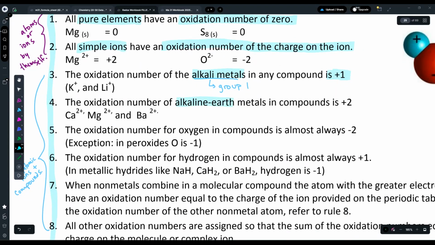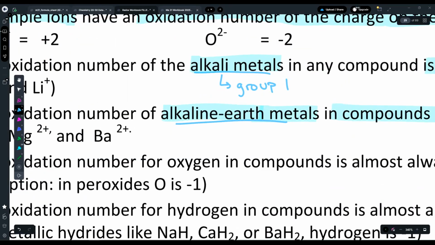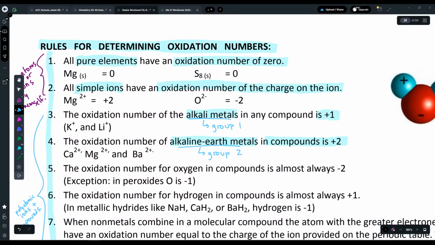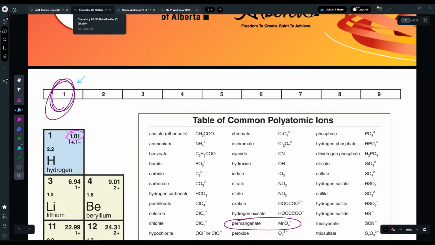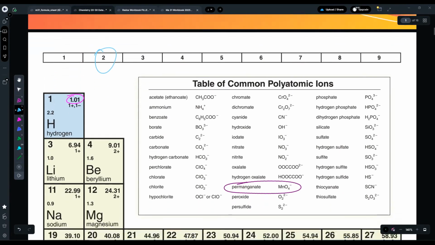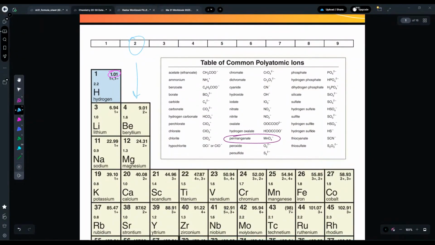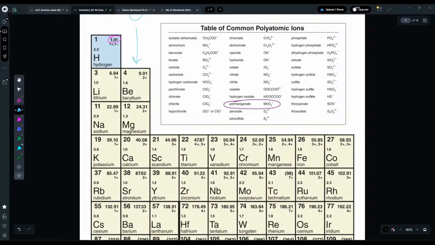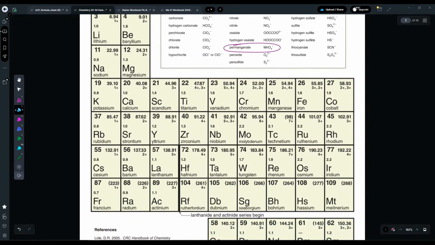Rule number 4, the oxidation number of alkaline earth metals is +2. Alkaline earth metals are your group 2 elements. If I look at my periodic table, group 2 is right here, so that's going to include beryllium, magnesium, calcium, strontium, barium, and radium.